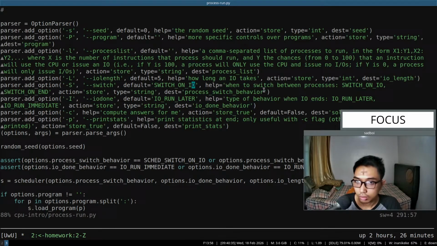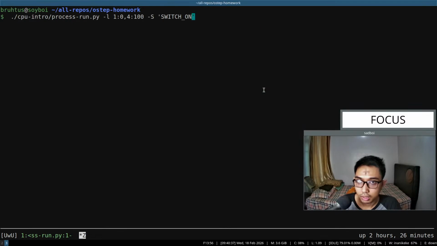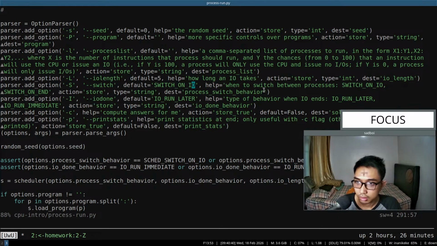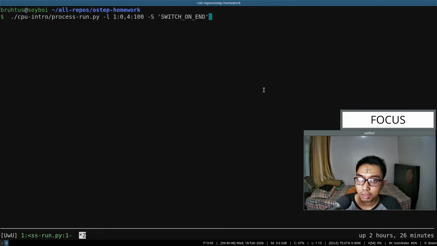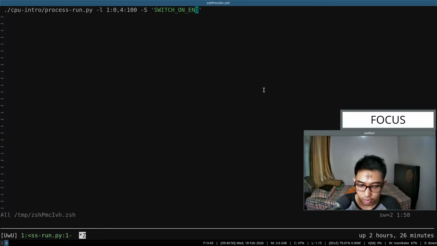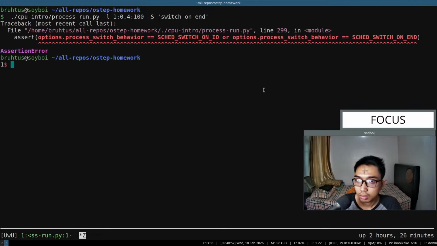Do we need to use capital keys? Let me try. Alright, let's see.